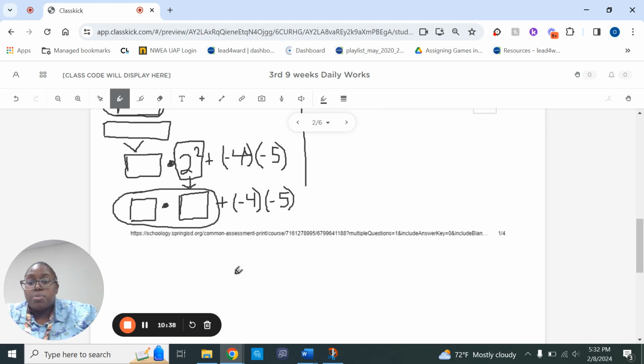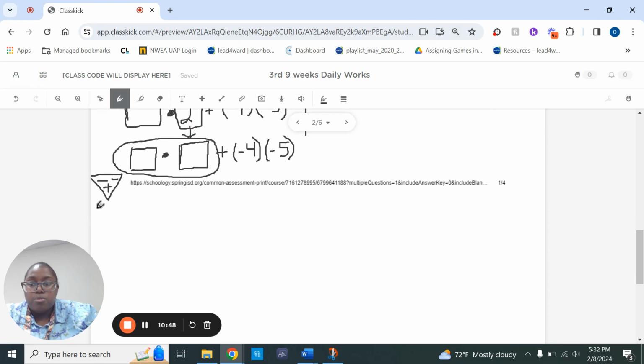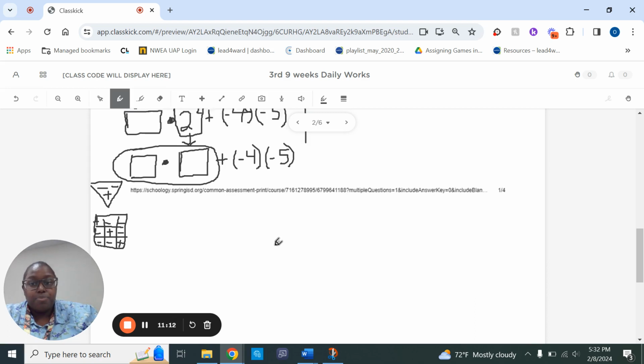Since I might be multiplying with negative numbers, remember you use your triangle or you use the box. So you're either using the triangle or the box, whichever one you chose when I was teaching the lesson.